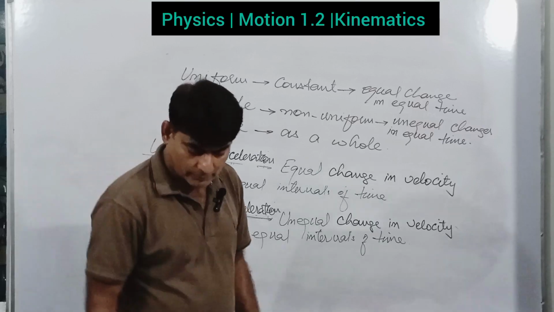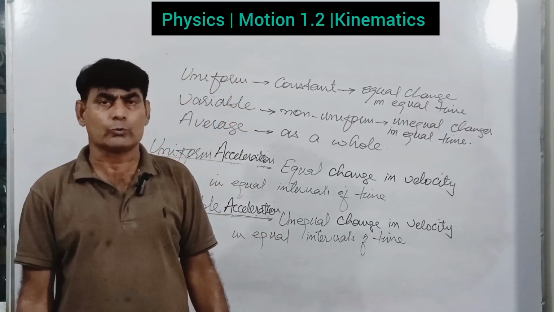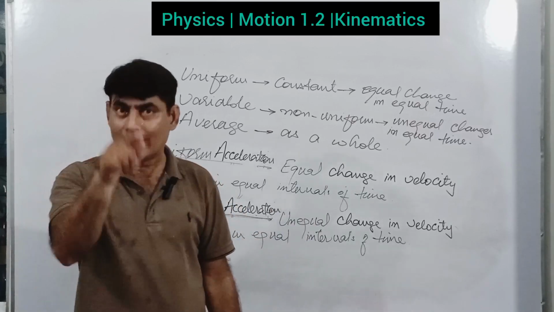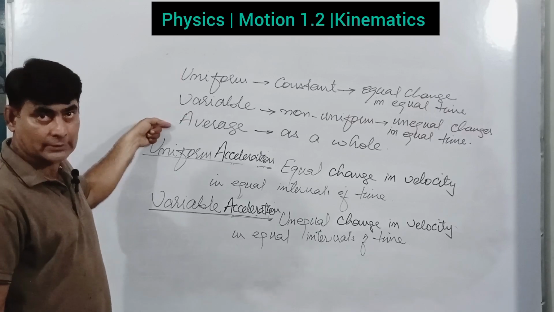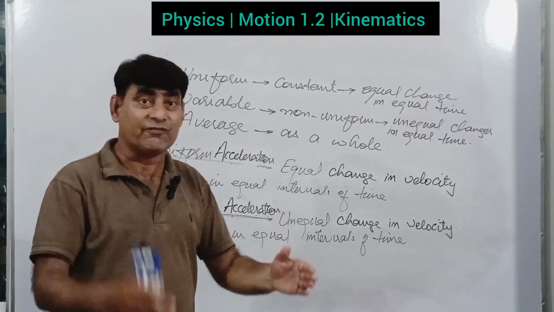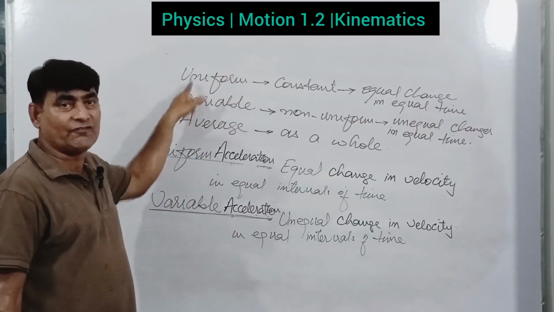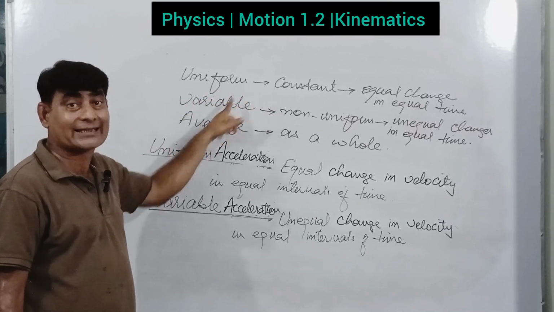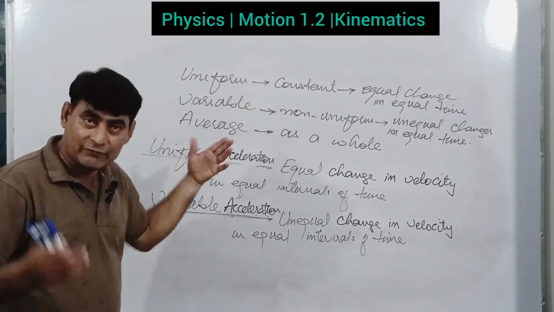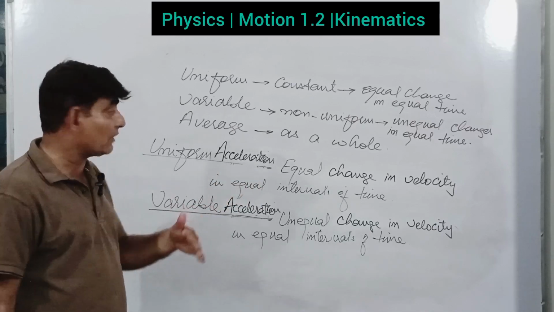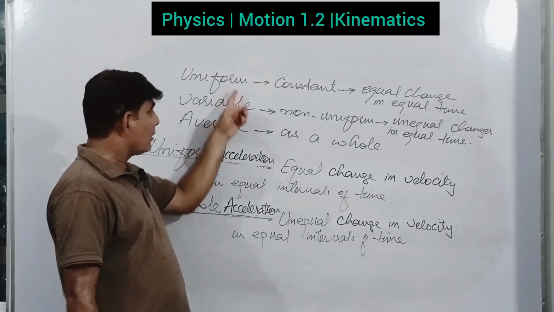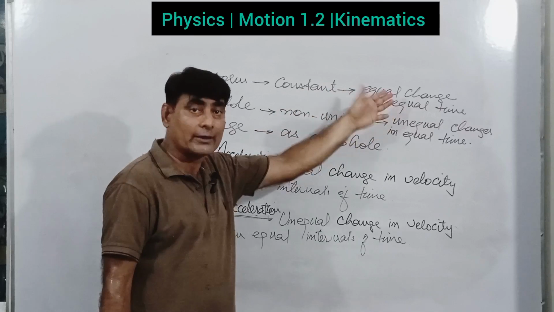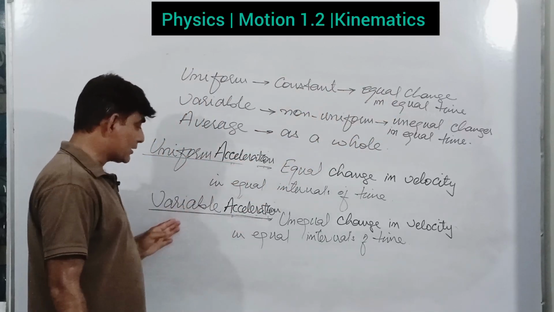So it means we should not work hard for each and every term. We should work on these three words, that we will be able to define uniform speed, uniform velocity, uniform acceleration, variable speed, variable velocity, variable acceleration, average speed, average velocity. The main thing: what does uniform mean? Equal, in equal interval of time.